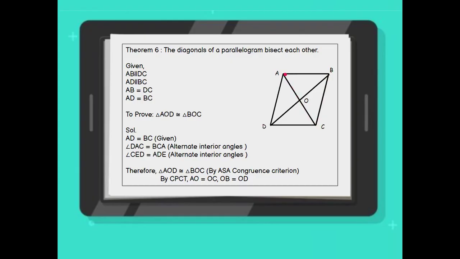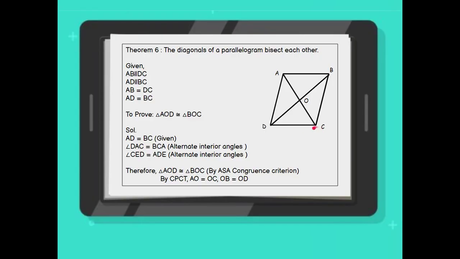Why? Because they are alternate interior angles. And angle BDA is equal to angle DBC. See the angles? This angle ADB is equal to angle DBC. Why? Because it is also an alternate interior angle.